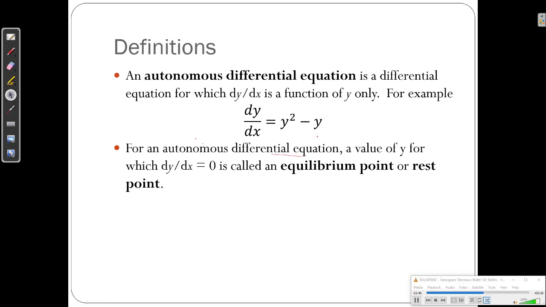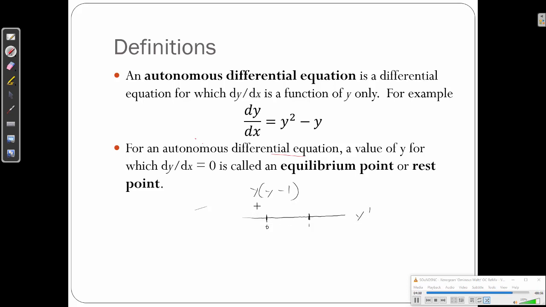So let's go back to our previous slide, and let's show how this would work. If we've got y squared minus y, we already said we had equilibrium points 1 and 0. So this is y prime.